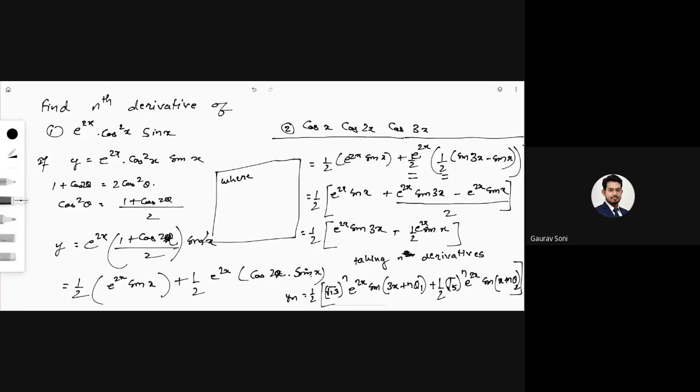Cos 2x sin x. So there is this 1 by 2 which I can adjust. Fine. So I can cancel this one, so this won't be there. Sir, in that step there is 1 times e raised to 2x sin x plus the whole thing is divided by 2, so both terms will have 1 by 2. So here in the last equation we have written 1 by 2 for the second term, which is not needed.